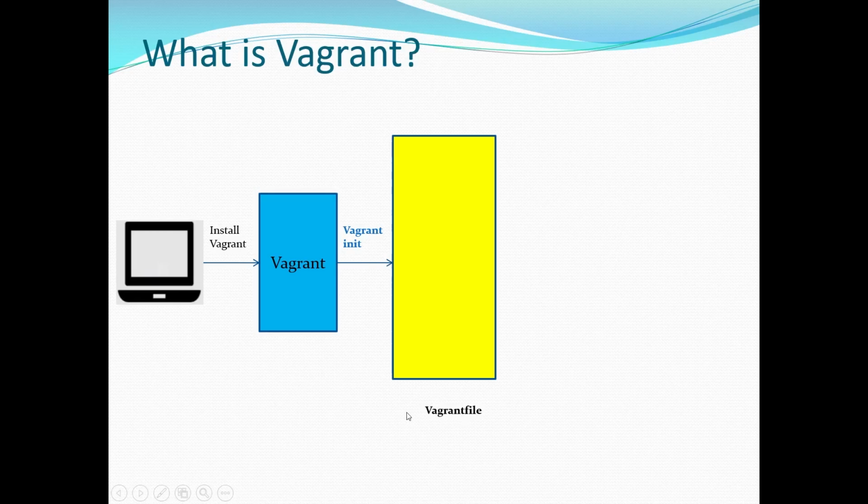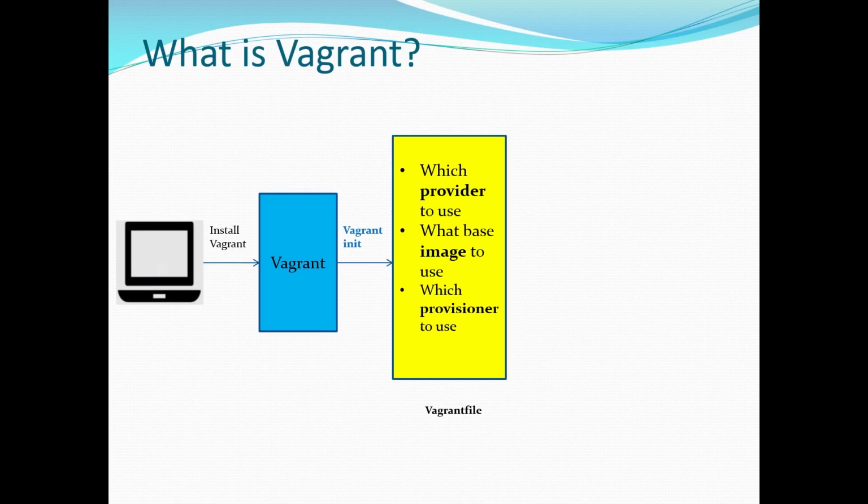It will give you options to choose: what is the provider that you need, what is the image of the operating system that you need, and which provisioner you are going to use. So you can decide which image of Windows or Linux you will use, any Ubuntu version, and which provisioner.